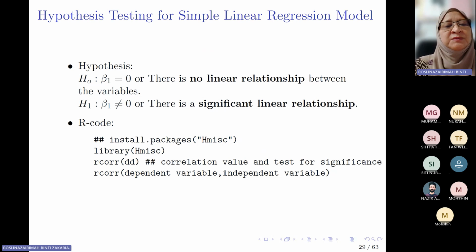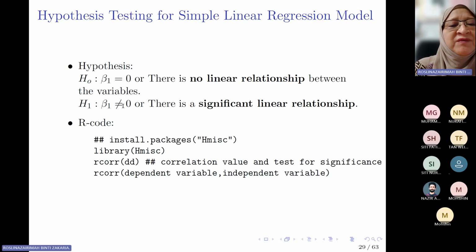Okay, first before we proceed, we need to look at the hypothesis for the model. Is it significant? If the slope is zero, beta 1 equals 0, that means no relationship between the variables, so we need to look for an alternative. If it is not equal to 0, that means there is a significant linear relationship.